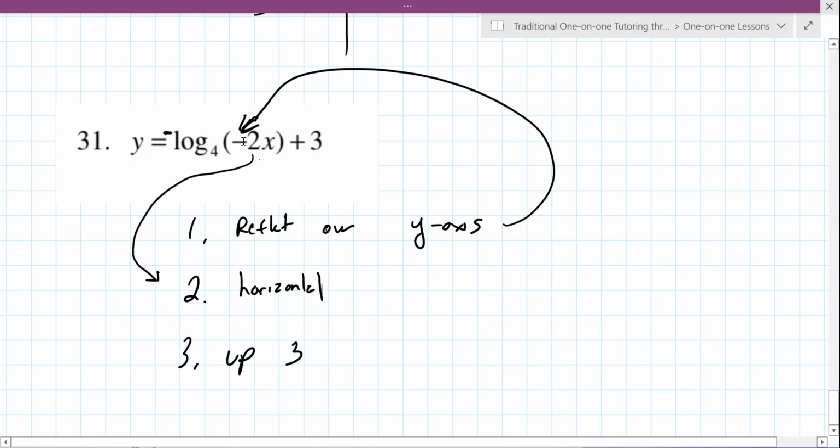But I don't know if you're using that language, because some structures just allow you to say horizontal stretch factor of 2. Do you know what is approved in your class? Yeah, we just say horizontal stretch of 2 or horizontal shrink of 1/2. Okay, let's go with that.